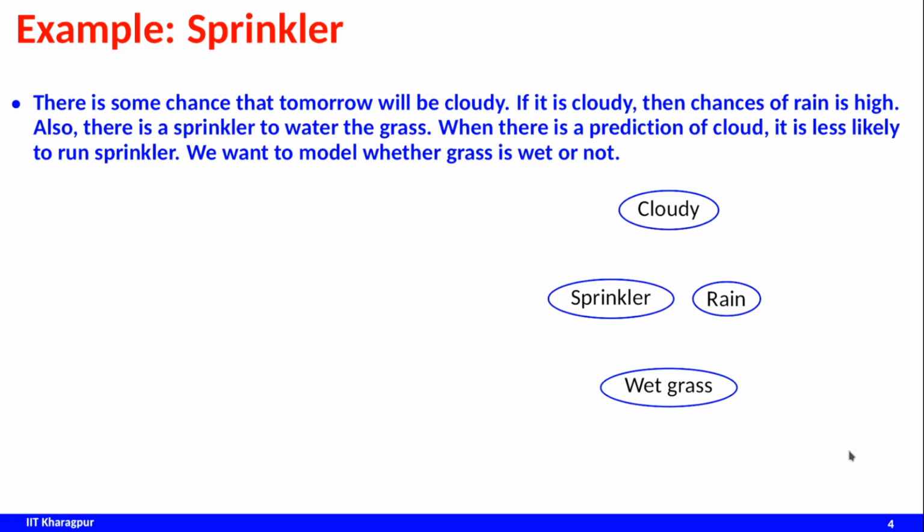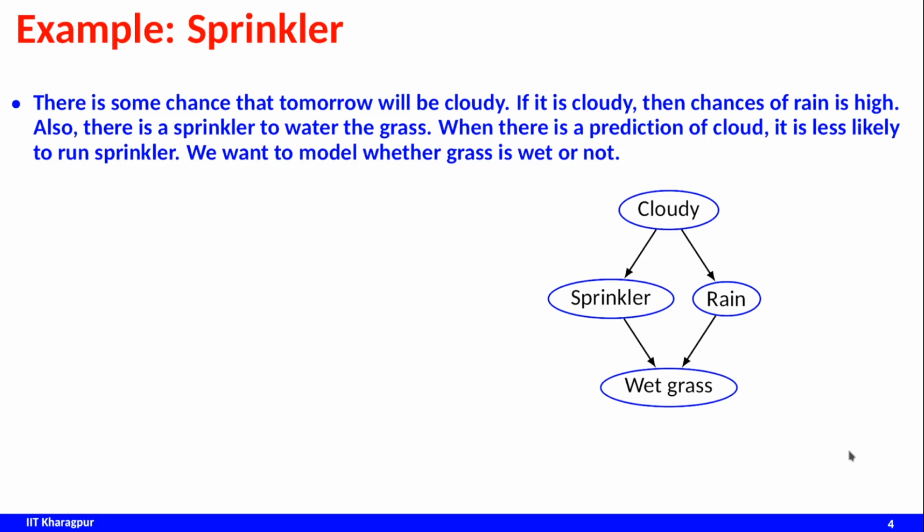Now you have to find out the dependency between this set of variables. Definitely, if it is cloudy, I may not run the sprinkler. If it is cloudy, then there is a high chance that it will rain. And whenever the sprinkler is on or the rain happens, the grass will be wet.